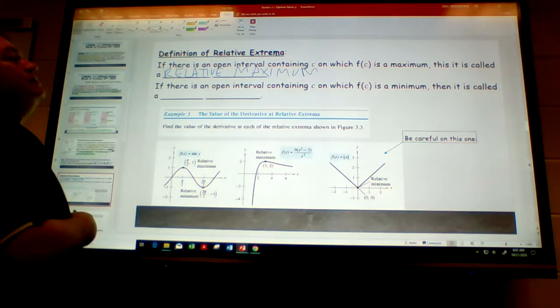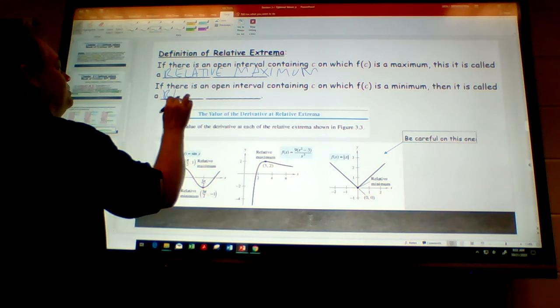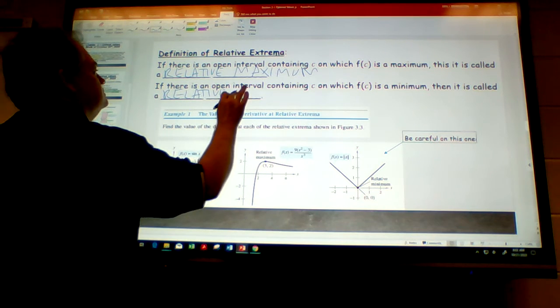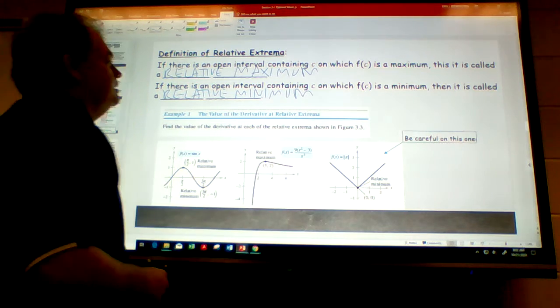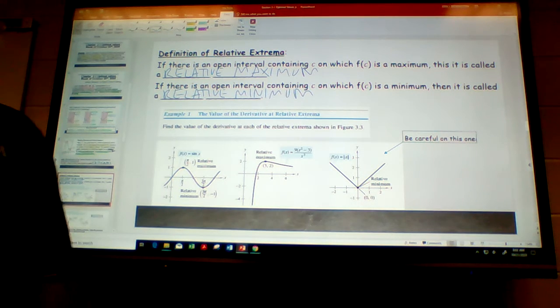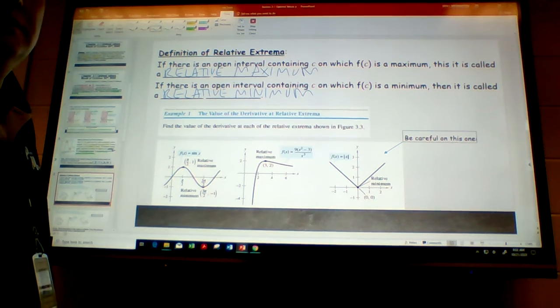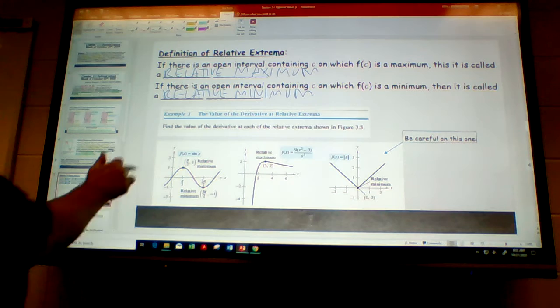If there's an open interval on which f of c is the minimum, it's called the relative minimum, or relative min. All right. Now, here's a couple of examples.